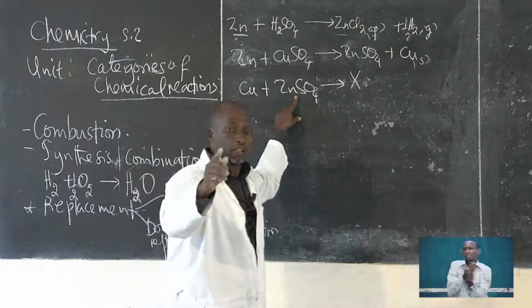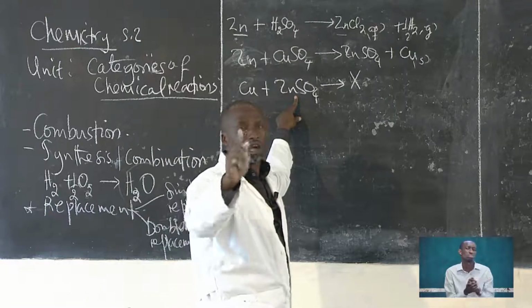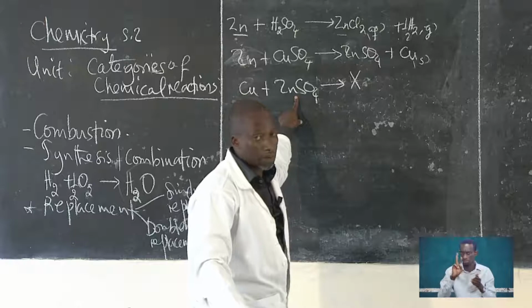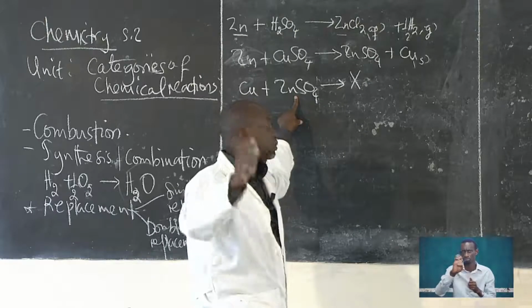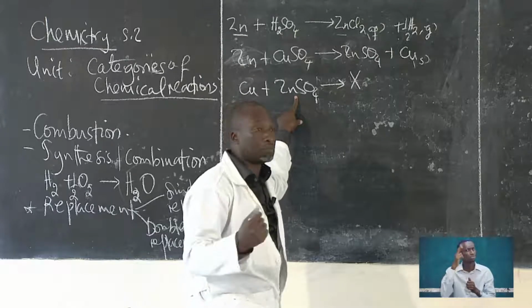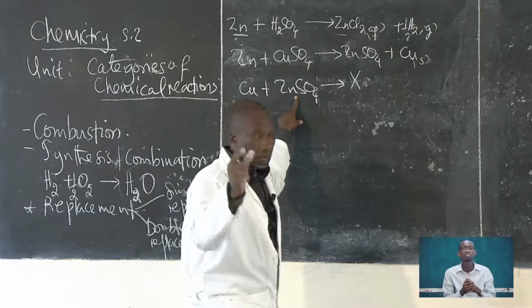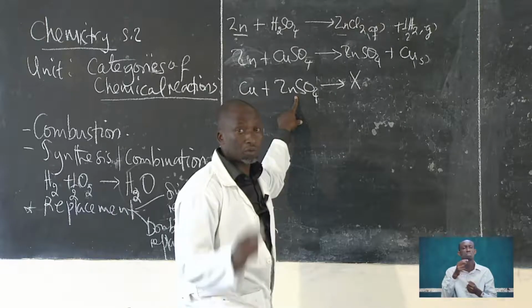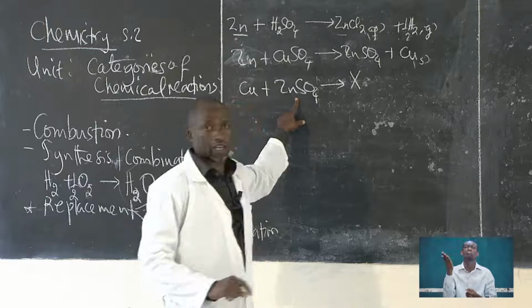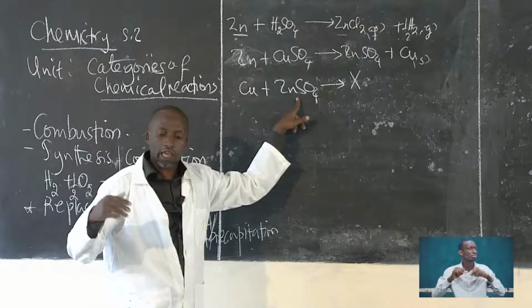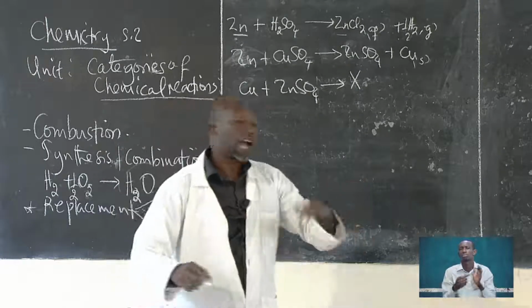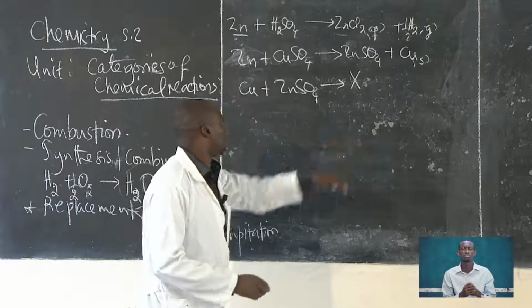We are using the reactivity series, if you can remember. Do you remember the reactivity series? I hope you are still remembering, and I believe you put it down. You have to memorize that one because you can use it in a number of reactions to tell whether a reaction will occur or not.